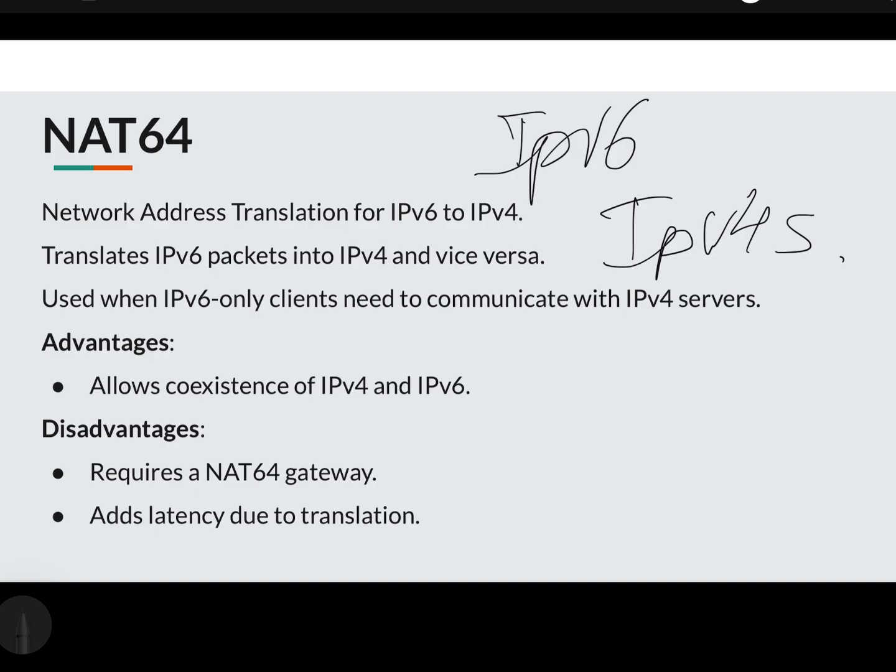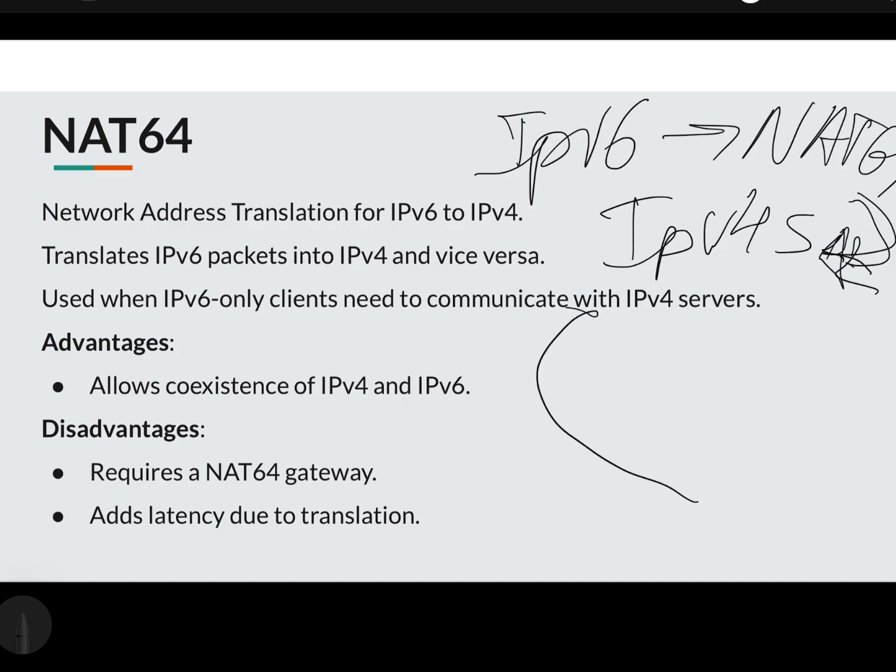So IPv6 clients send a request to the NAT64 gateway. The gateway translates these packets into IPv4 packets. The IPv4-only server responds, and the NAT64 gateway translates the packets back for the IPv6 client.